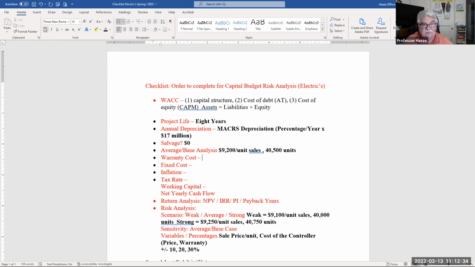You have to do 2 analyses, those 2 different products. The CTX 13 has a warranty cost of $90 per year for 5 years. You have to determine the present value of those 5 years of costs, and that's your warranty cost per unit.